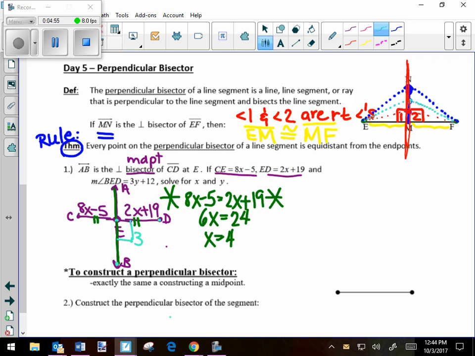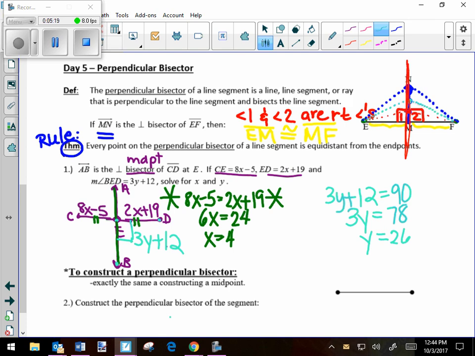So if they tell me that that angle is 3y plus 12, and I know that the angle is also equal to 90 degrees, then I know that 3y plus 12 has to be equal to 90. And then I'm going to go through and solve. And when I divide, I get 26. So 26 is my y value.